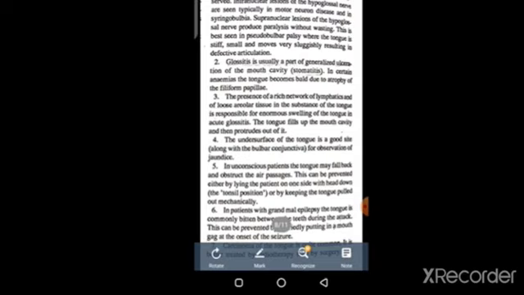In unconscious patients, we have to check for this. In patients with grand mal epilepsy, the tongue is commonly bitten between the teeth during the attack, and this can be prevented by hurriedly putting in a mouth gag at the onset of the seizure.